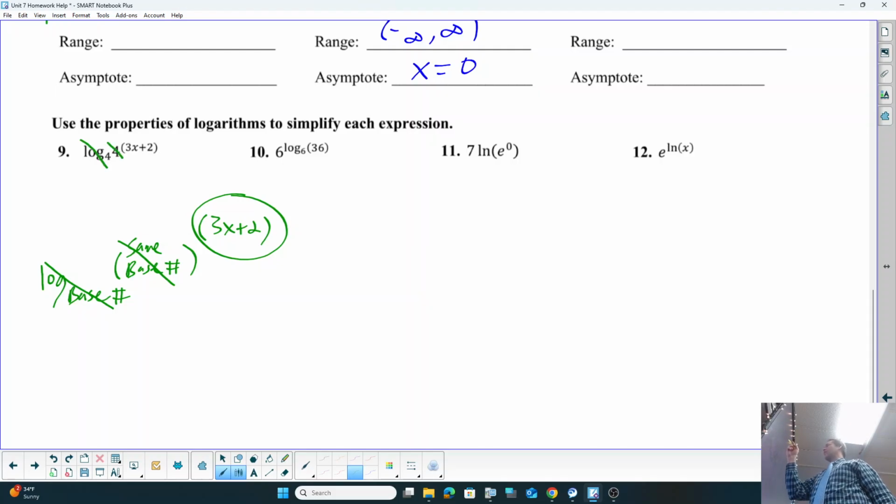So log base 4 undoes base 4, so we're just left with 3x plus 2 as our answer, right?